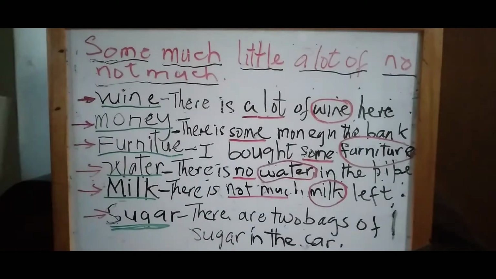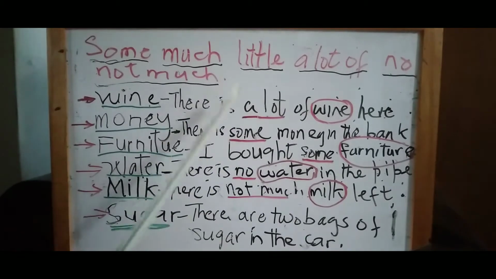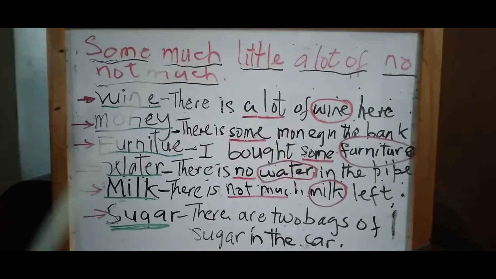So there is some money in the bank, and the uncountable noun here is money. If you notice, it doesn't have an s or anything like that. It's just money. So this is the word that is used to express the amount. This is the uncountable noun, money, and the verb is correct there, is, because the uncountable noun is singular.